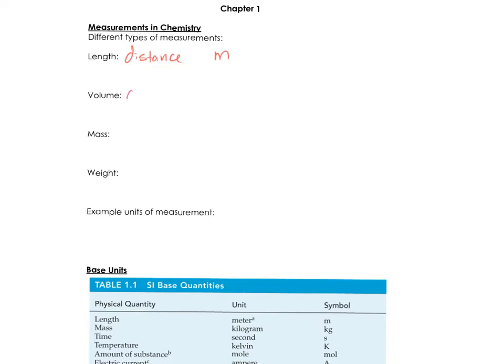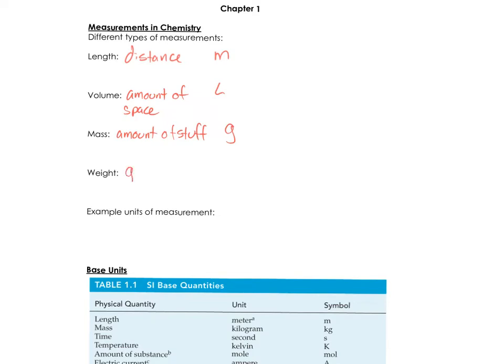Volume is the amount of space something takes up. The base unit for this is liters. Mass is the amount of stuff or matter in something. Gram is the usual for this one.